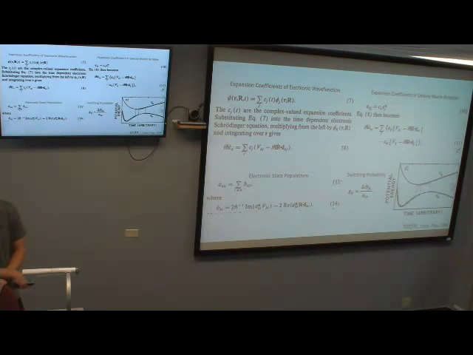So in your equations 13 and 14, what are this A_kk and A_kl? So the A_kk are the electronic populations of state k.